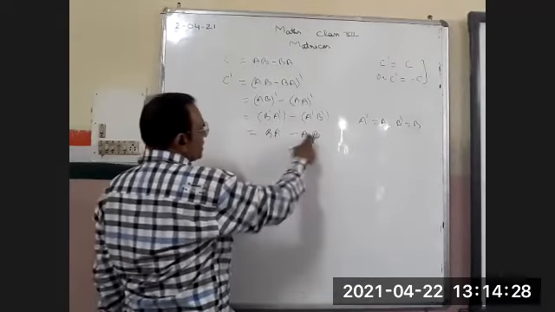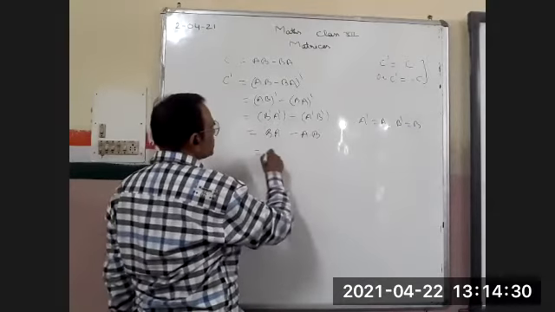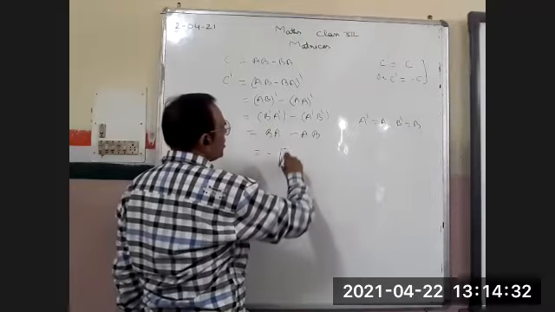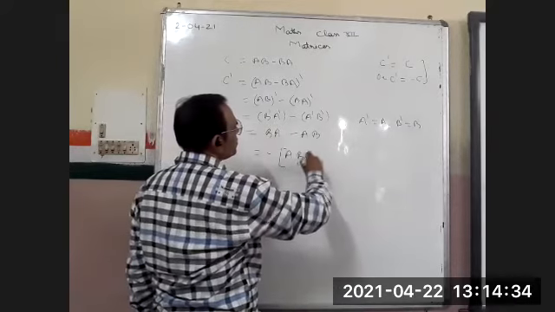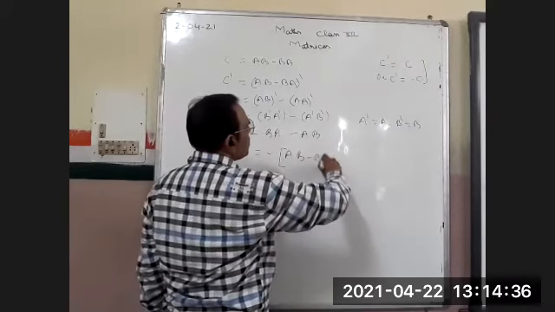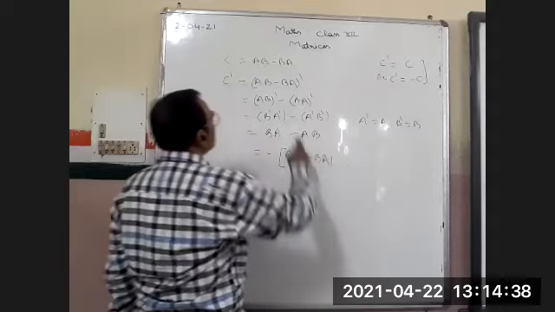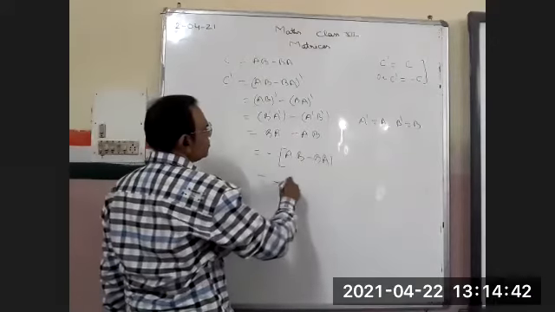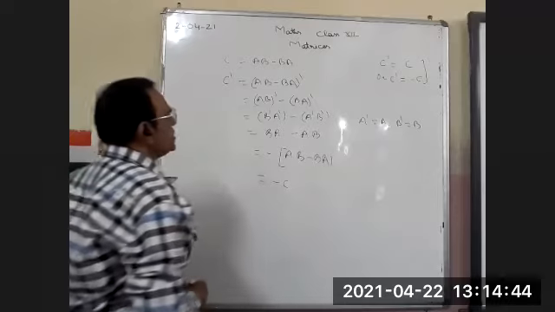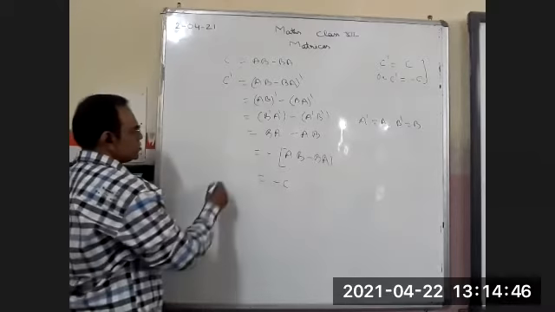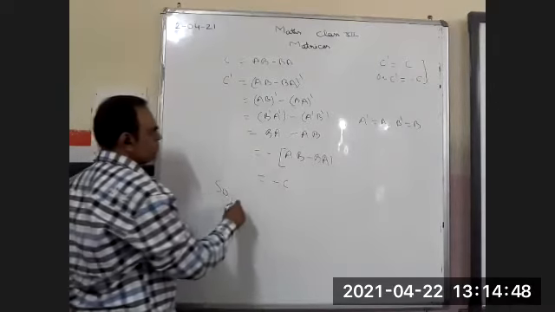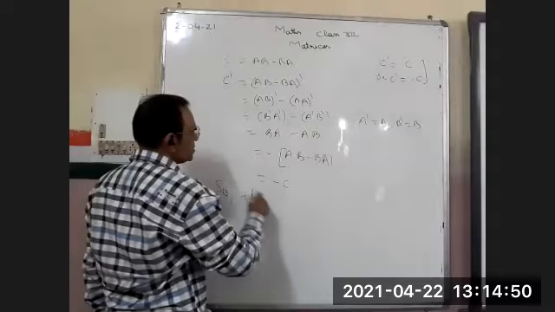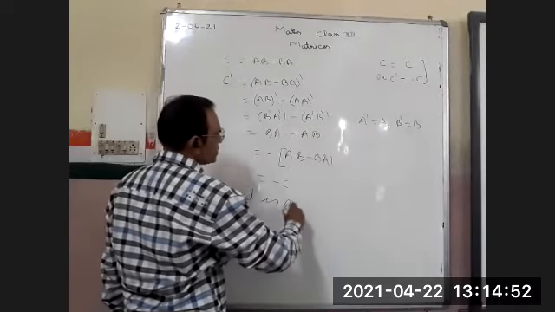It is BA minus AB. If we take minus common, then we get minus of (AB minus BA), which is equal to minus C. So it is a skew symmetric matrix. So the answer of the first part will be correct. It is a skew symmetric matrix.